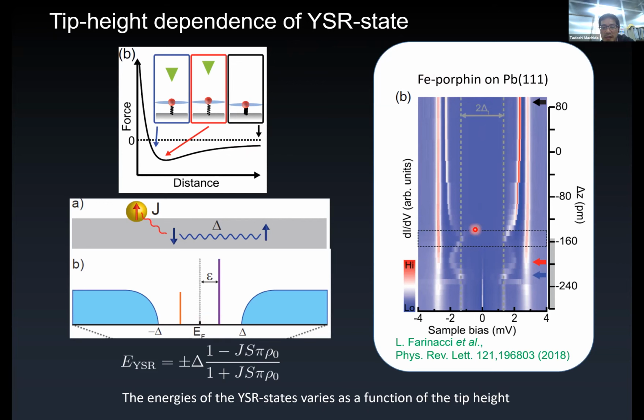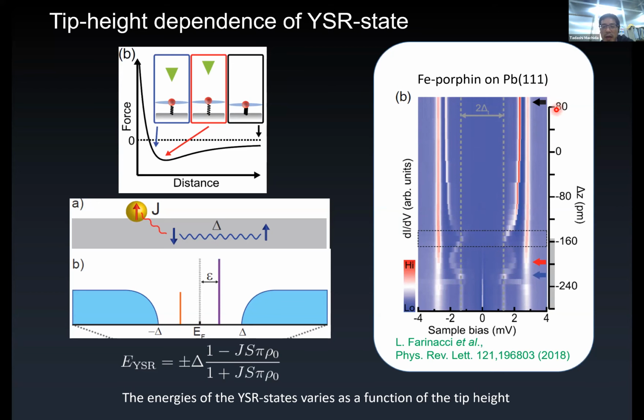In these measurements, the authors of this paper used a superconducting tip to improve the experimental energy resolution. So the actual zero energy of the sample is offset by the superconducting gap size of the STM tip, as shown by these gray lines. These gray lines correspond to the actual zero energy of the sample.